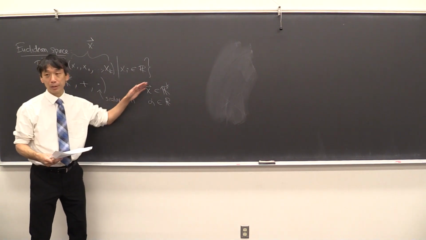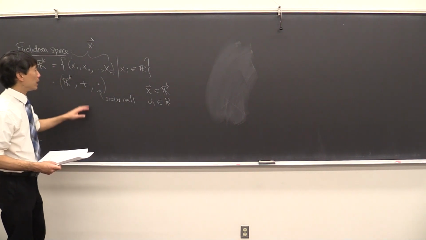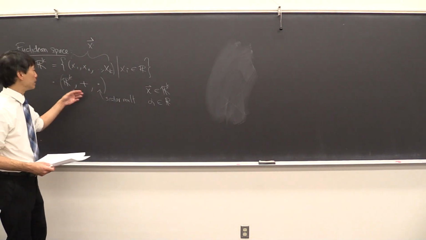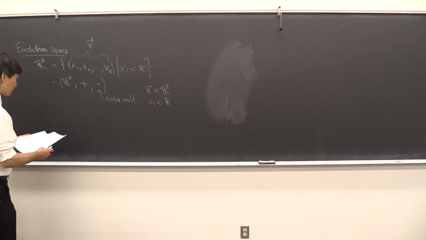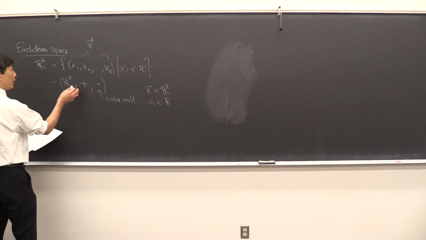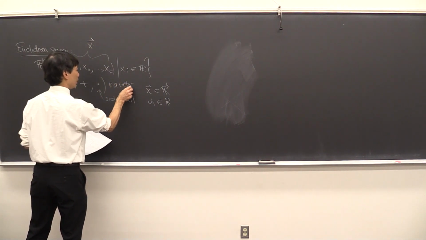You scale the vector by some number. So it's not a true multiplication, right? It's not like a field where you can multiply two objects together, right? So R^k is a vector space.